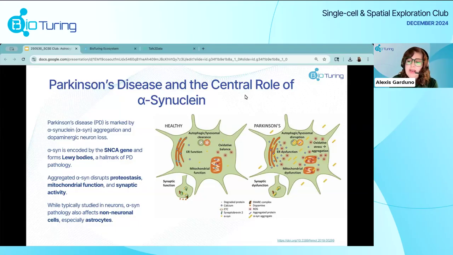We're going to look at how the expression of this protein is altered within the astrocyte population specifically, and whether we can relate that to stress response or disease progression in Parkinson's disease as a whole.